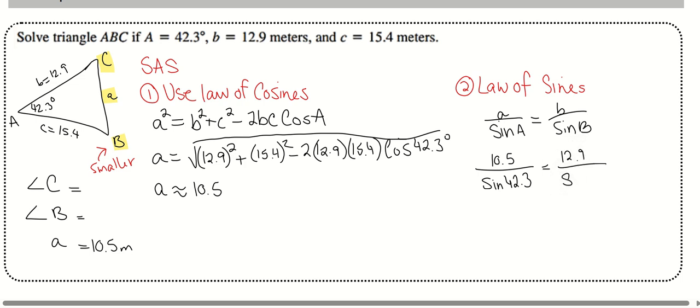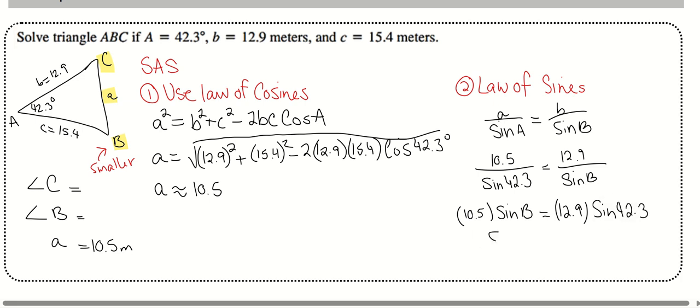And we're looking for sine of B. So we're going to cross multiply here. 10.5 times sine of B is equal to 12.9 times sine of 42.3.